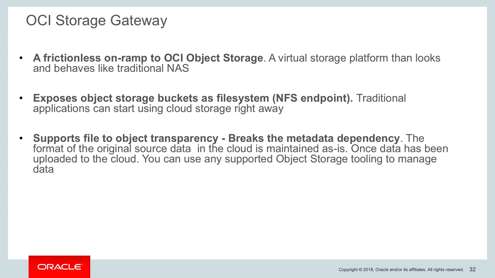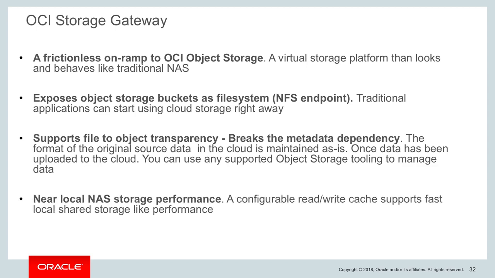So it knows when you are copying the data from one place to another, that the data was uploaded to the NFS mounting point, and then if that was sent over to the cloud. There's a cache on the storage gateway that can help with the life cycle of the data you're putting over there.